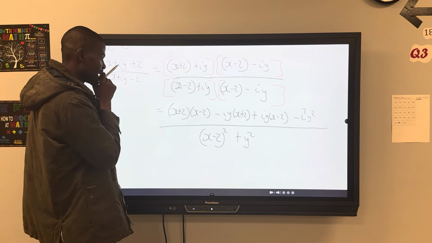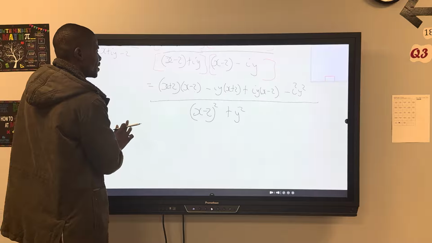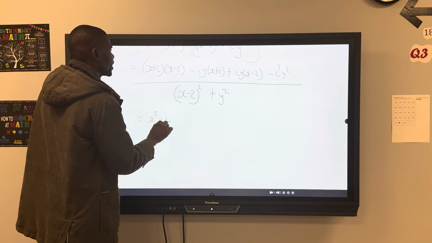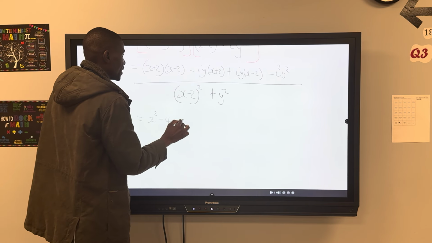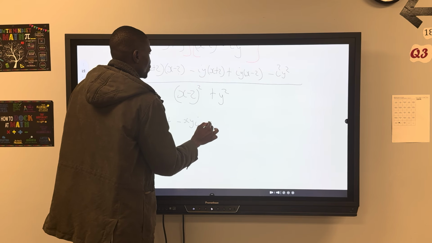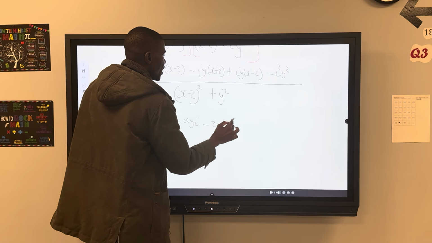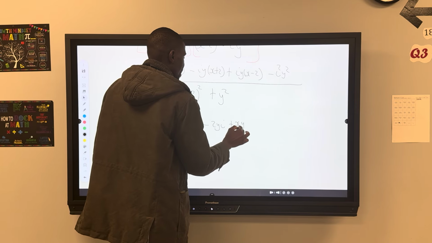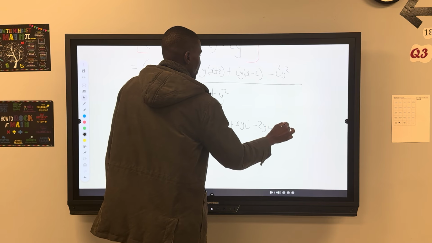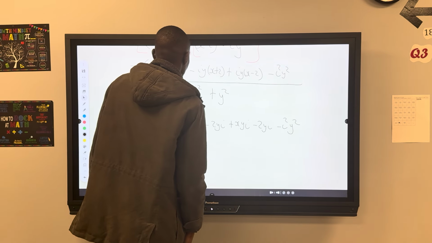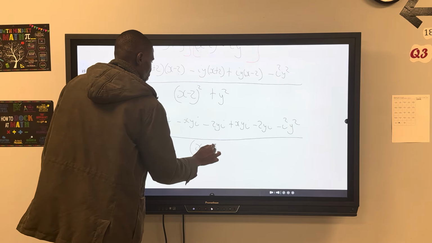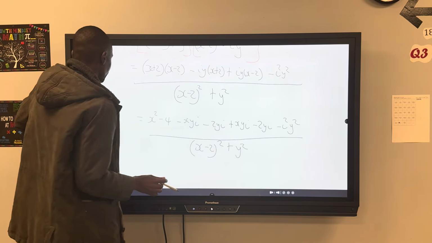So the numerator simplifies: x squared minus 4, then minus xyi minus 2yi, plus xyi minus 2yi, then minus i squared y squared, all over x minus 2 squared plus y squared.